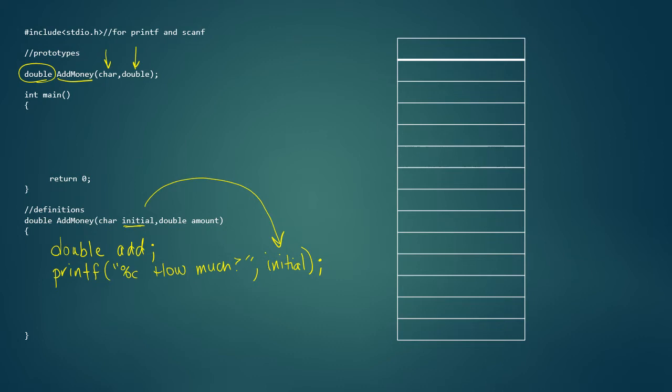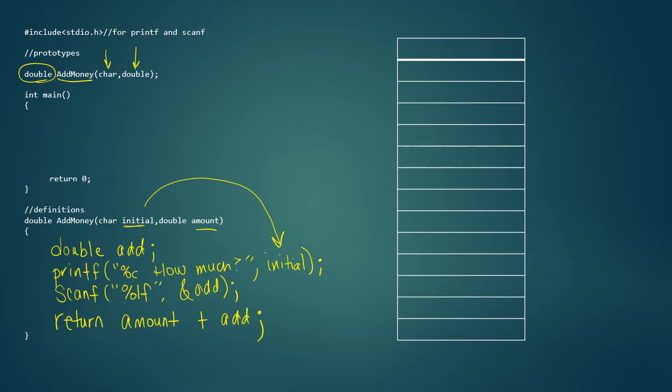What we are scanning into is the amount you want to add to your account. So we want to do scanf %lf into address of, that's an ampersand, add. We're going to add that amount to that, so then we're going to return the original amount plus the amount that has been added.